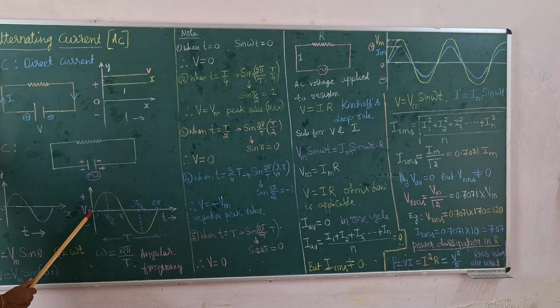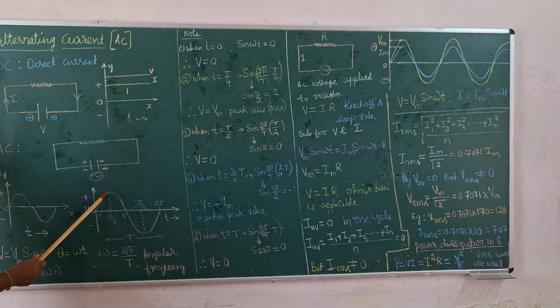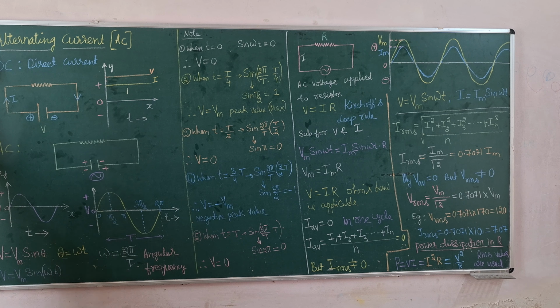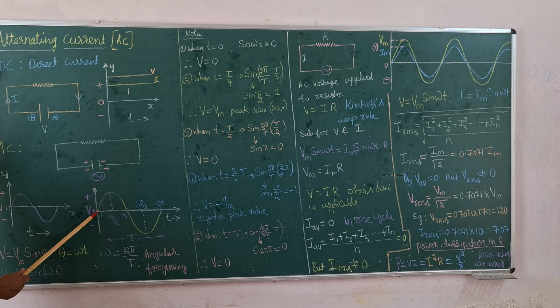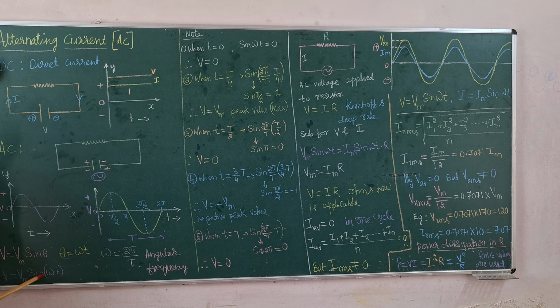This is the time period T. Let us calculate the sine of the angle at each of the four points. When t equals 0, V equals Vm sin omega t, so sin 0, which is 0. So V equals 0, since 0 into Vm is 0.